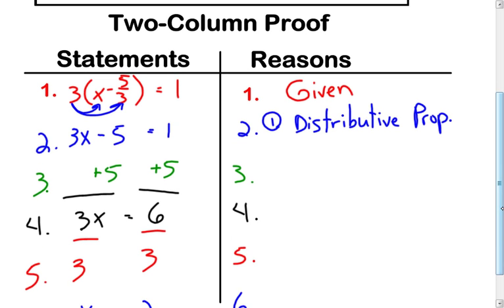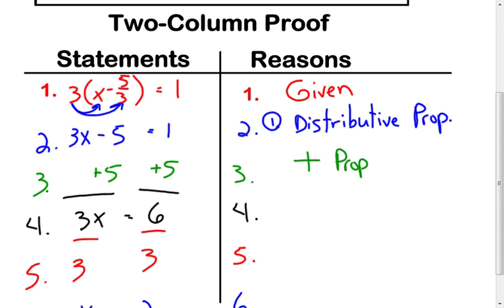Moving down, the next step in solving my equation, notice, I added 5 to both sides of my equation, left side, right side. So if you remember back to those properties we had, this would be referred to as the addition property. And I'm actually going to abbreviate this as well, using the plus sign.